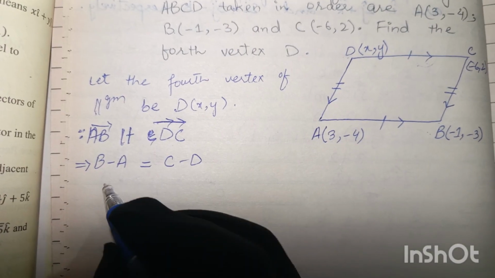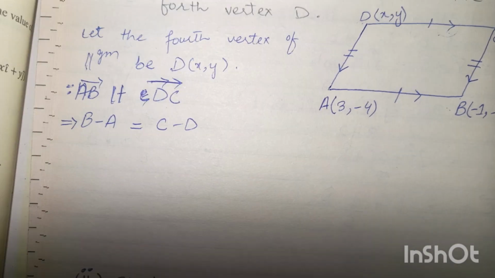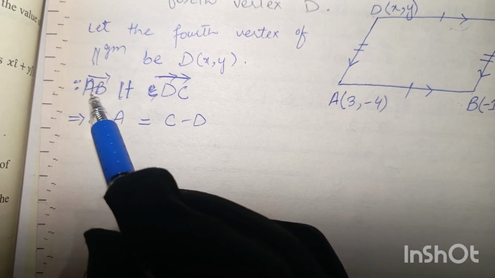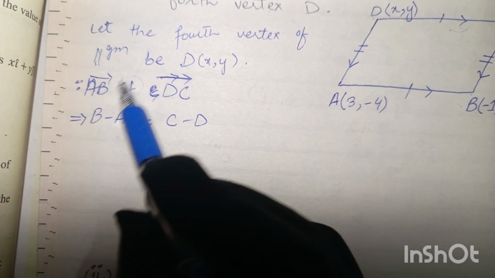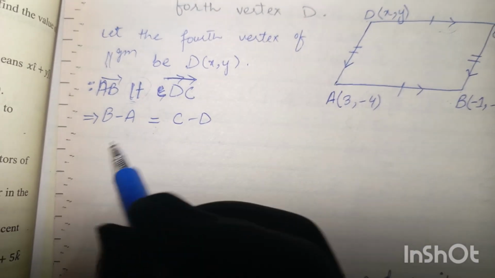And now by putting values, these sides are parallel and equal, that's why I replaced the parallel sign with equal.